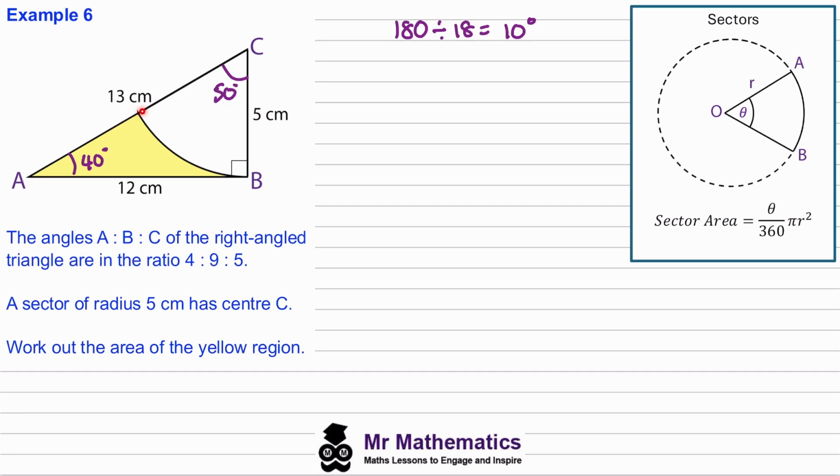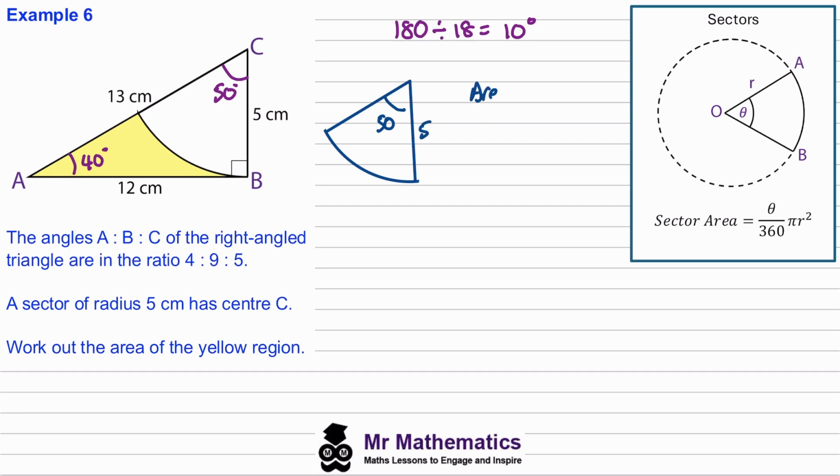So now we can work out the area of the sector. We'll work out the area of a triangle, and then we'll do the triangle take away the sector. That will give us this region. So to find the area of a sector, we know the angle is 50 degrees and the radius is 5 centimeters.